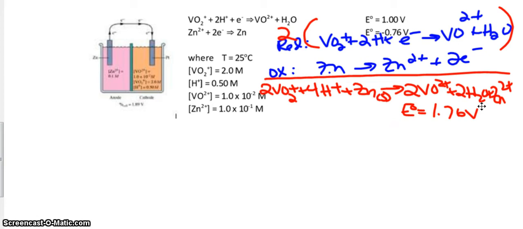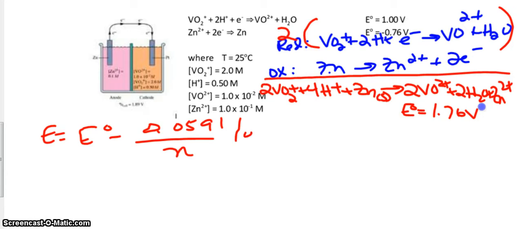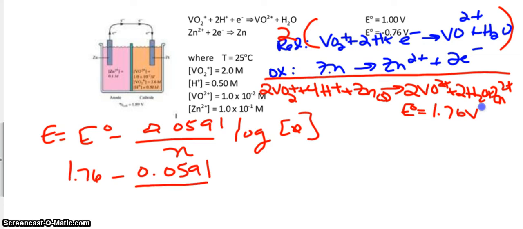So let's go ahead and plug in the values that we get. Let's start off. What is my general equation? Well, E equals E naught minus 0.0591 over n times log of Q. If you look, the standard cell potential is 1.76, minus 0.0591 over my n.